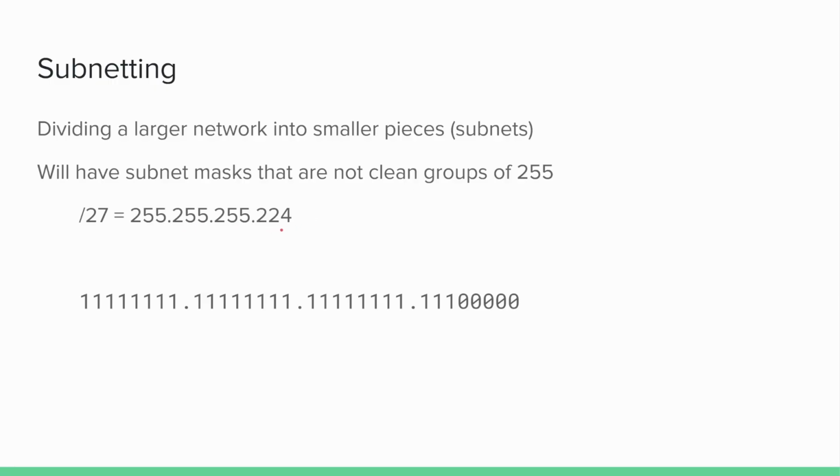Now, this can be a little confusing until we convert it to binary and then realize that, oh, all that means is that there's 27 ones at the beginning of this subnet mask. Another way you can do it is see that there's 5 zeros here, and to go from 32, which is the total size of the IP address, minus the 5 zeros, and that'll give us 27. So a different way to get to the same answer.